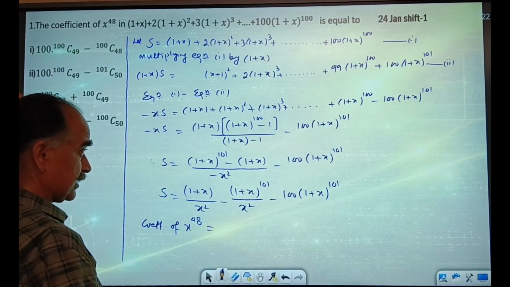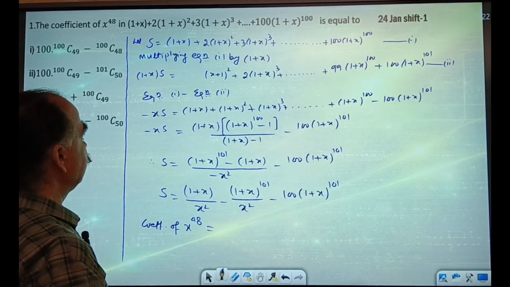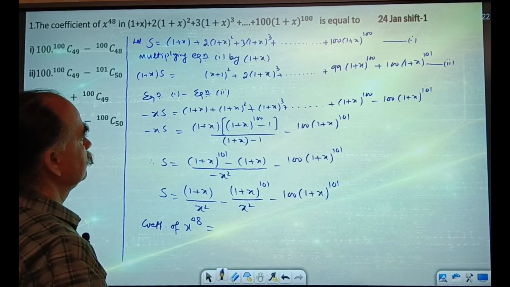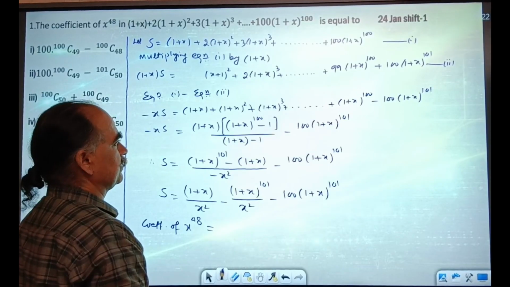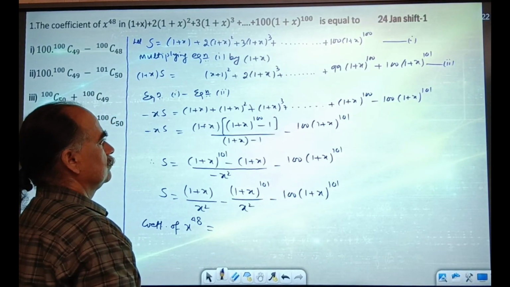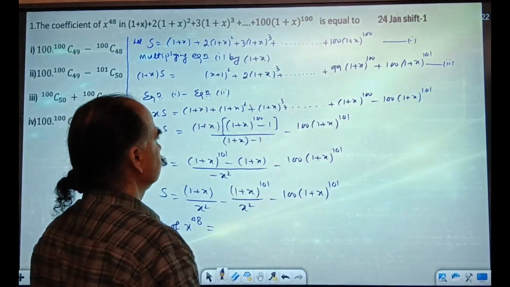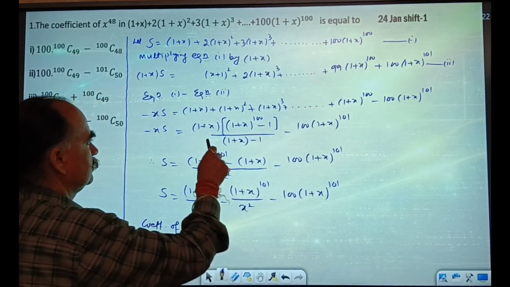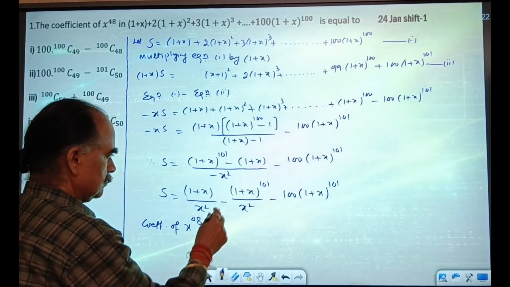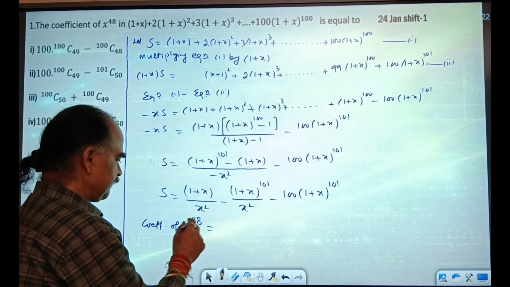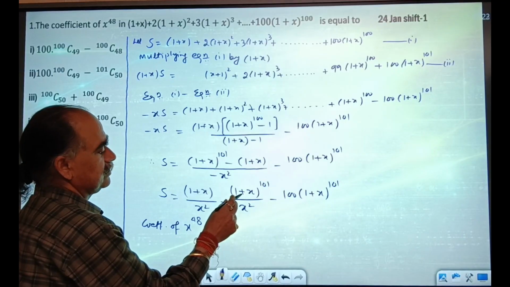In this case we'll take, from one S we are subtracting. So here we will take the common ratio to be less than 1. So 1 minus... so what is the coefficient of x raised to 48? Which term will be 48?